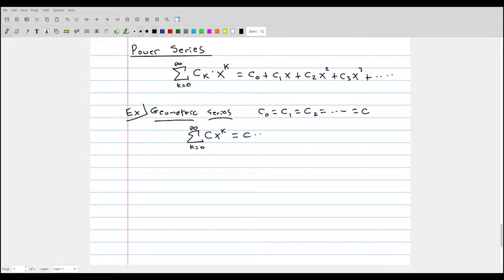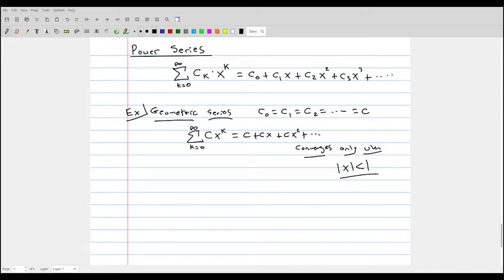So it's c plus c times x, plus c times x squared, and so on and so forth. And we know that this geometric series is going to converge only when the absolute value of x is less than 1.